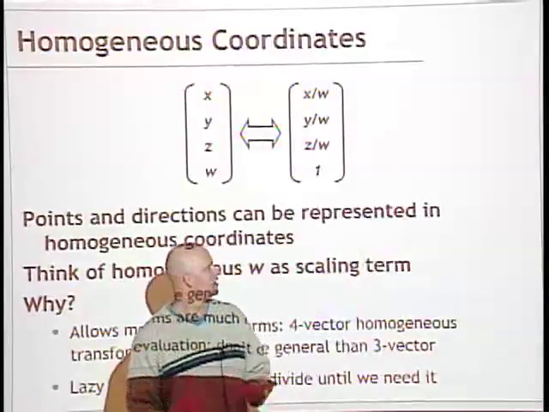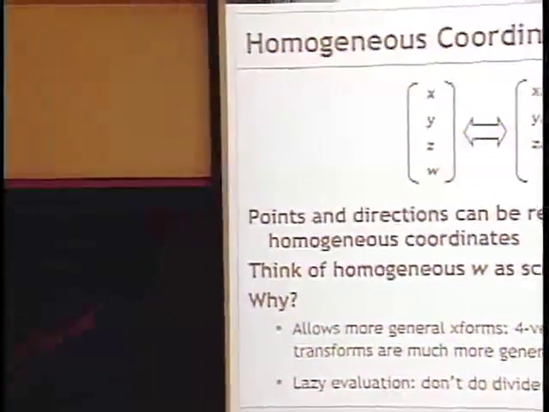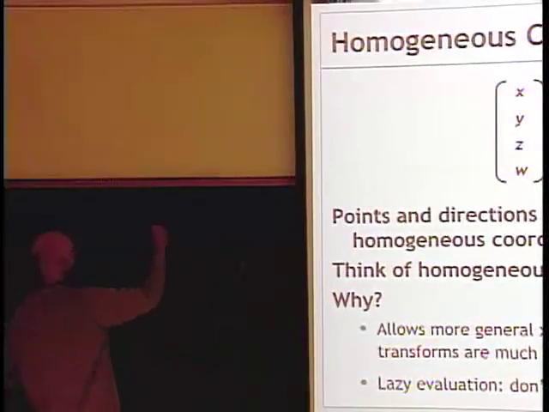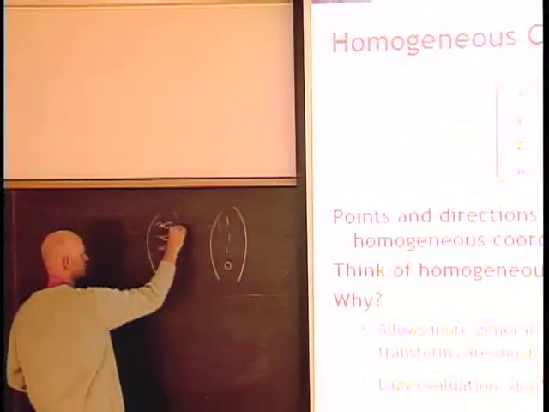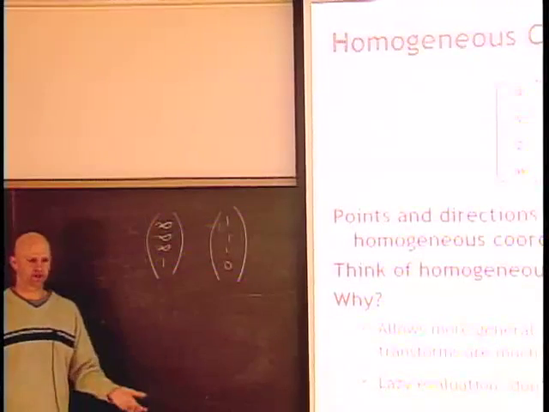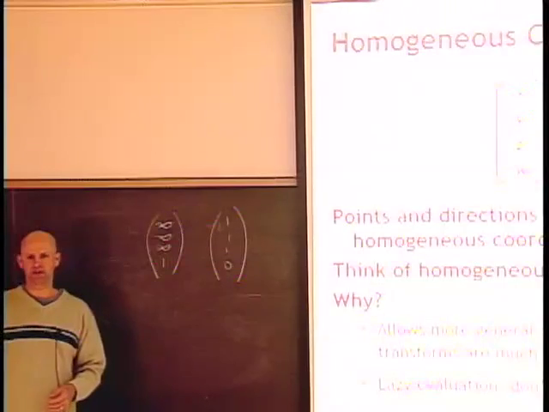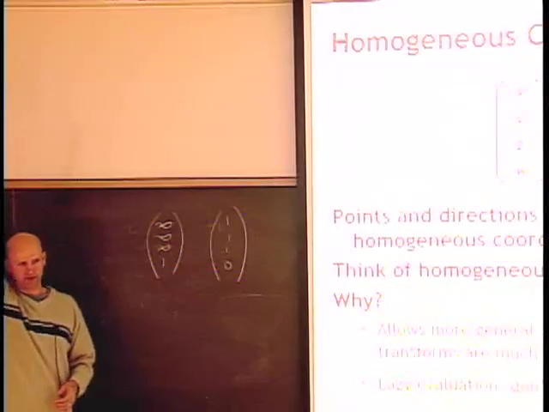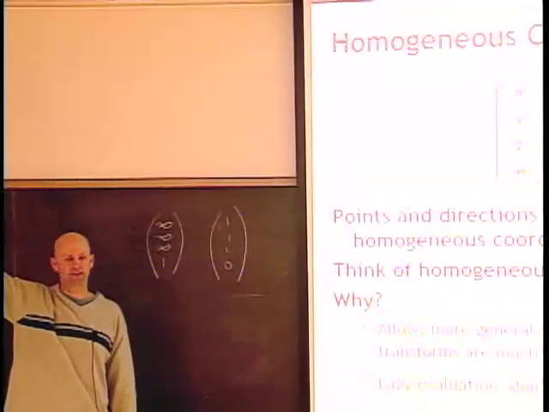So if my point is 1, 1, 1, 0, that's the same thing as infinity, infinity, infinity, 1, sort of, because you're dividing through by 0, and dividing by 0 is always a crazy thing. But what this means is a direction in the 1, 1, 1 direction. So if I'm here, and this is x, y, z, it's out there in that direction.